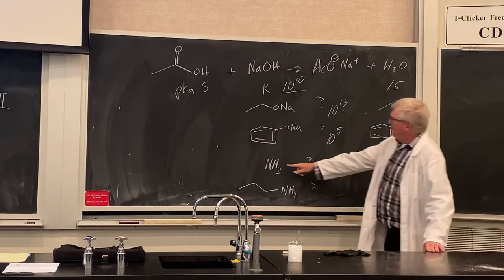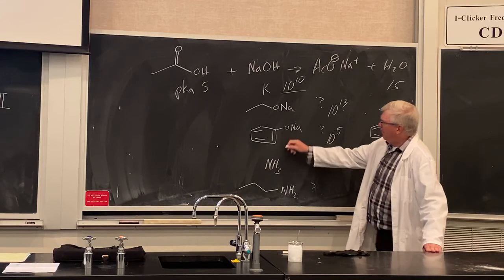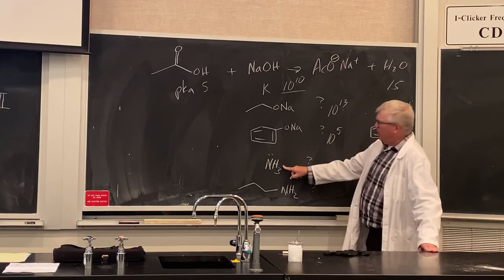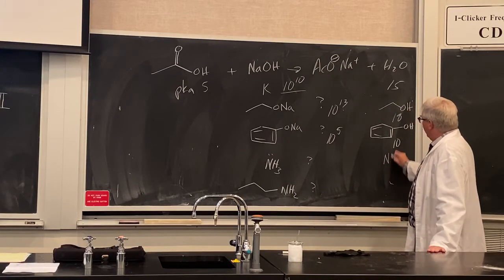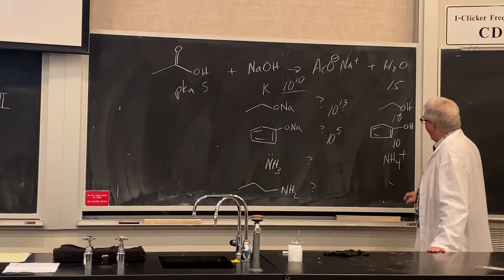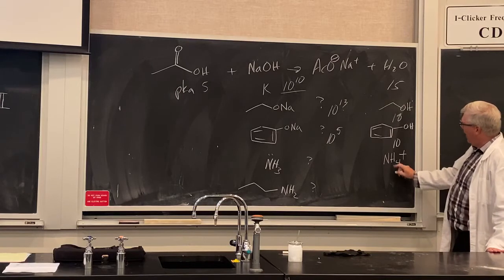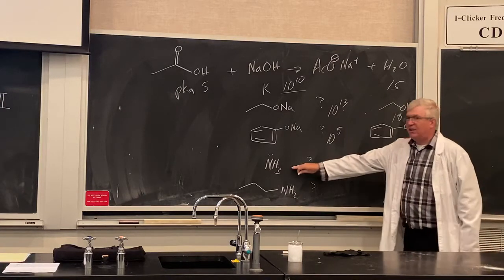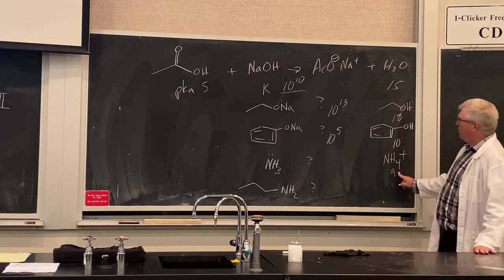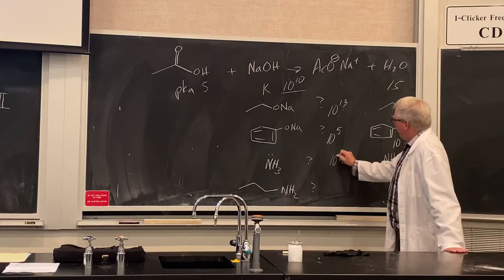What about ammonia? If we have ammonia as a base, and it has a lone pair here, it's neutral, but if it reacts with acetic acid, the byproduct will be ammonium cation, and the pKa of that is 9. So the equilibrium constant for this reaction of acetic acid with ammonia will be 9 minus 5, or 10 to the 4th.